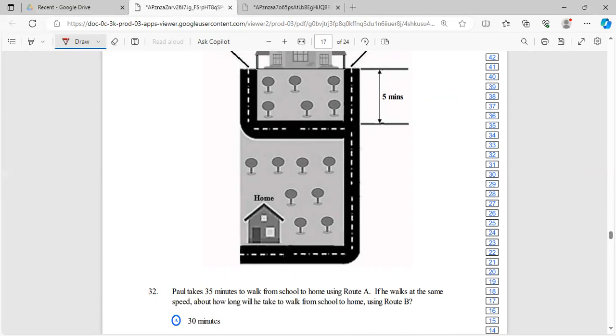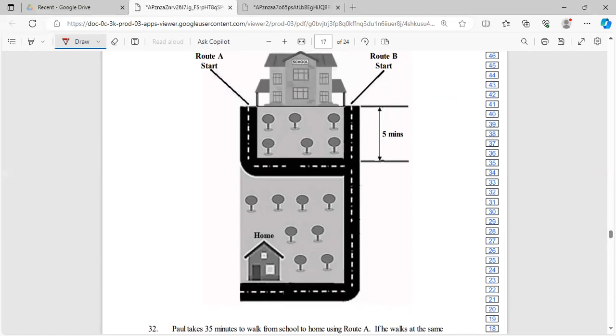So I'm going to try to break up the 35 minutes for route A and see if it makes sense. Here we have 5 minutes. If this is 5, I would say this is about 10, because that's about double, right? Here would be 10 also. So basically these are 10, 20, 30.